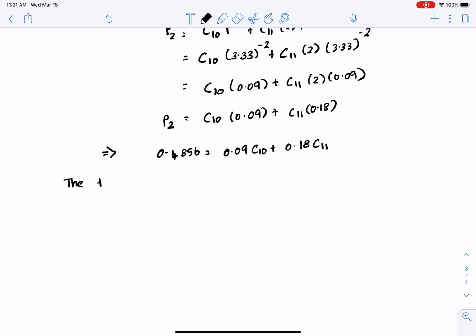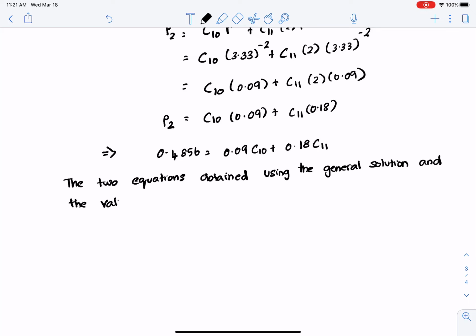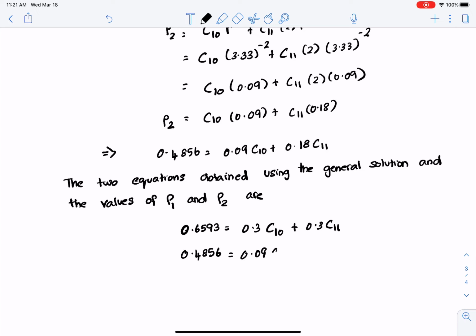So the two equations obtained using the general solution and the values of row 1 and row 2 are: 0.6593 equals 0.3 times C10 plus 0.3 times C11, and 0.4856 would equal 0.09 C10 plus 0.18 C11.